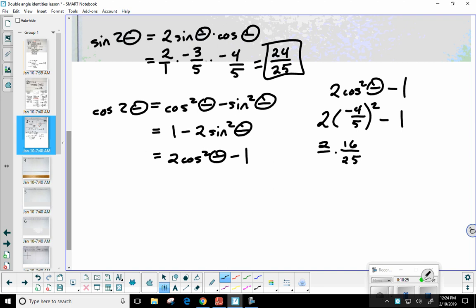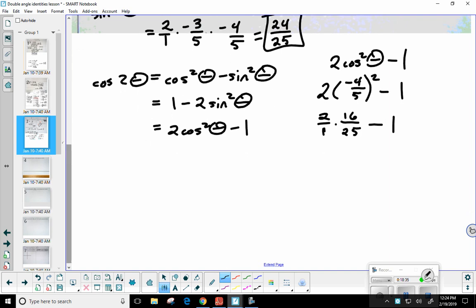We're going to multiply that by 2. So I'm going to go ahead and put it over 1. And then minus 1. Okay. So what do I get if I were to double 16/25? 32/25. We just multiply straight across. Minus 1. Okay. Now, what do you think my common denominator will be? 25.